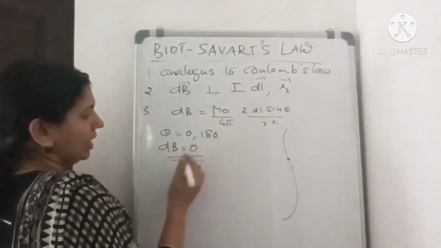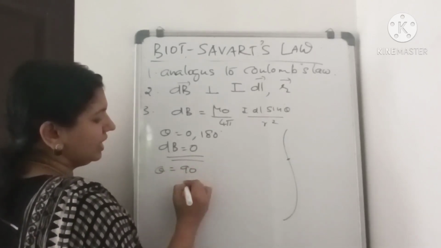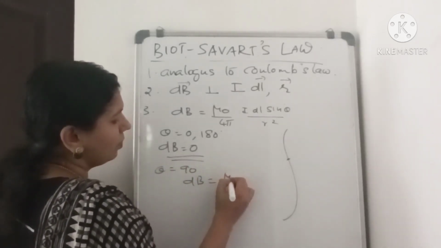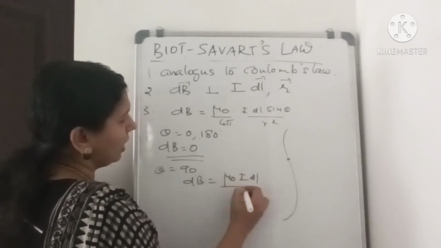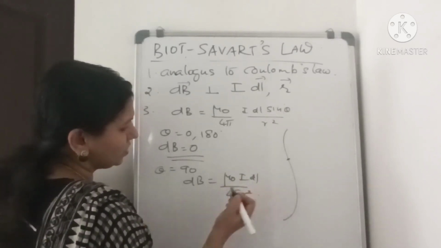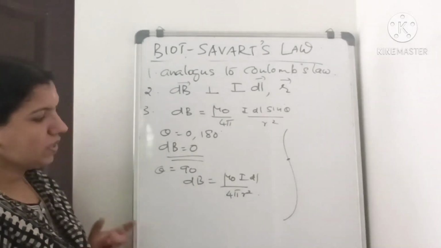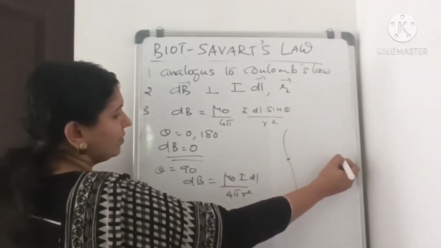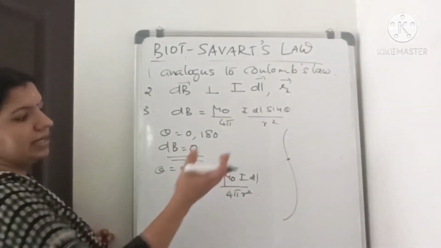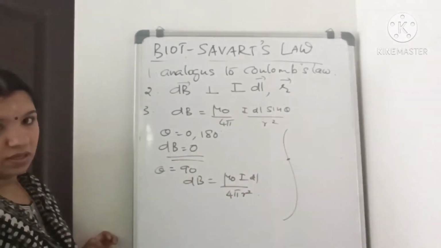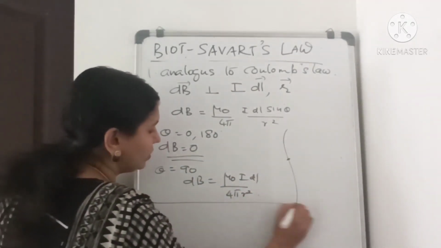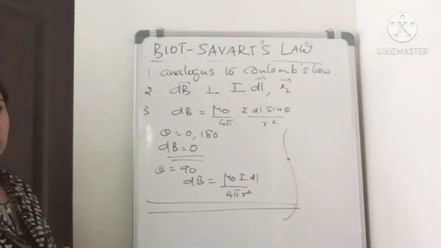And suppose if theta is equal to 90 degree, dB is maximum. What is dB? Mu 0 I dl by 4 pi r square. So this is the maximum value for dB. Okay, in such a case, this point will lie exactly at 90 degree with this line element. Clear? So that's all about the features of Biot-Savart's law.